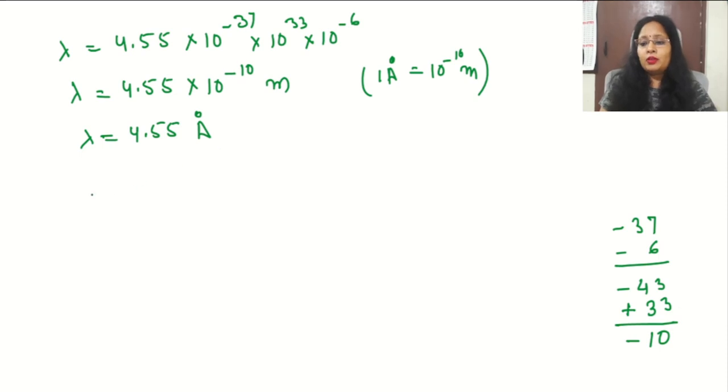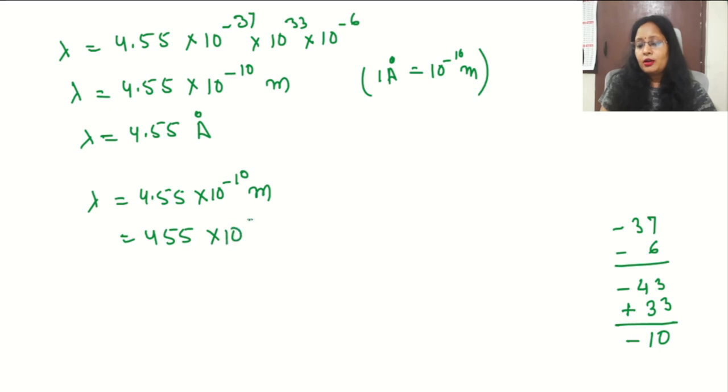Or one more thing we can do: if lambda is equal to 4.55 into 10 to the power minus 10 meter, then we can shift the decimal, and 455 into 10 to the power minus 12 meter. And we know that 1 picometer is equal to 10 to the power minus 12 meter.